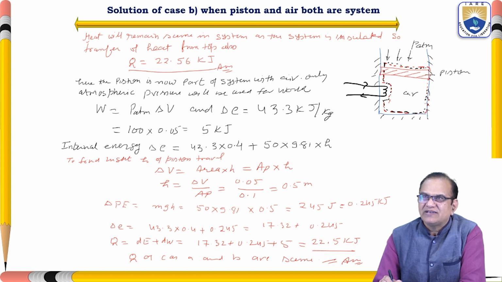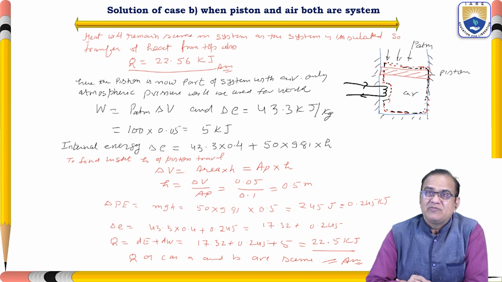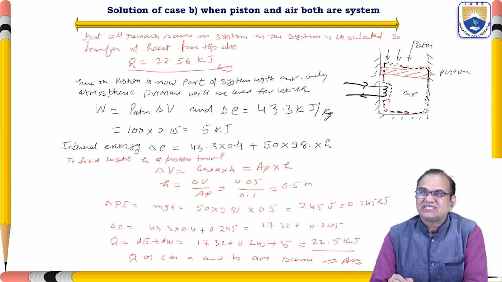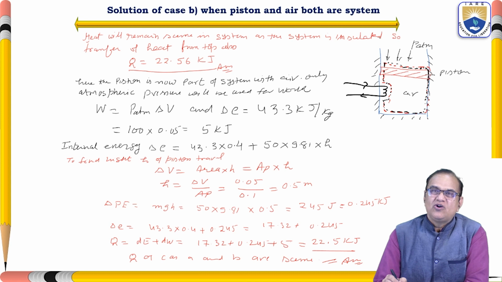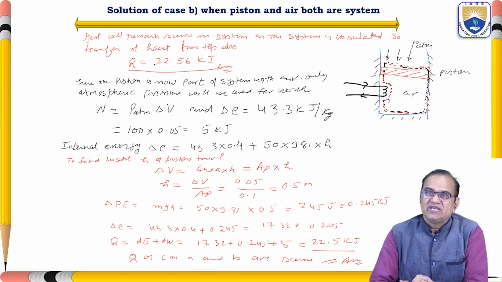I am drawing this with black dots. The heat will remain the same because it is insulated, so in this case also it will be 22.56 kilojoule.